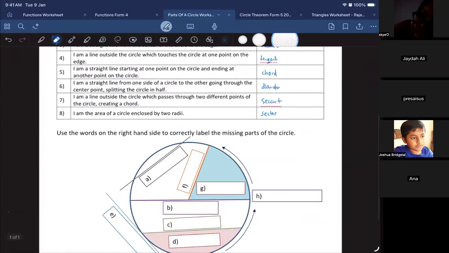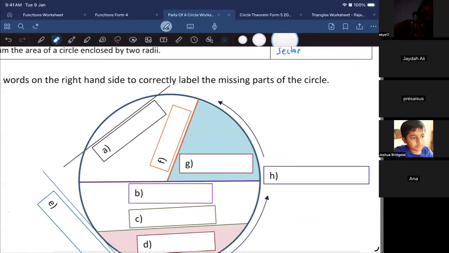So let me actually label our diagram now. So Ria, what would I call this? A secant, right? A secant. What would I call this?